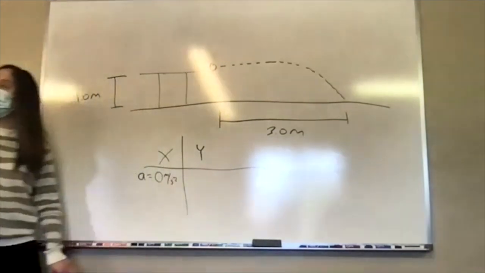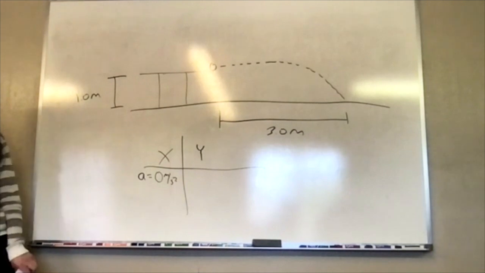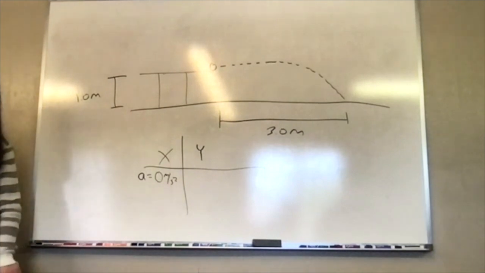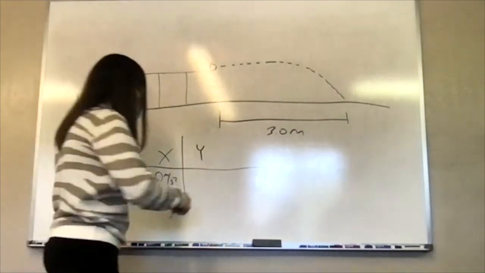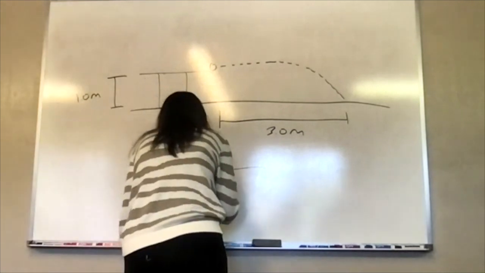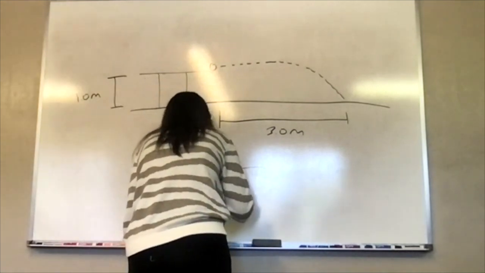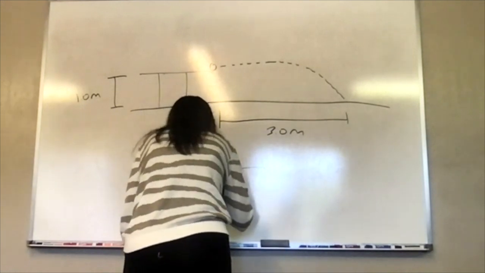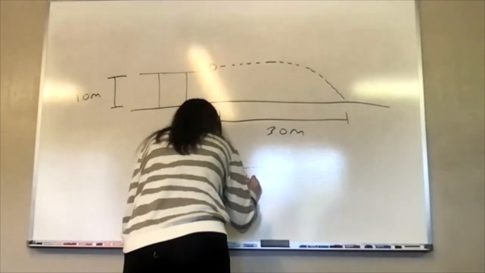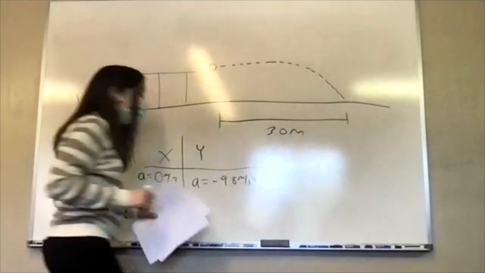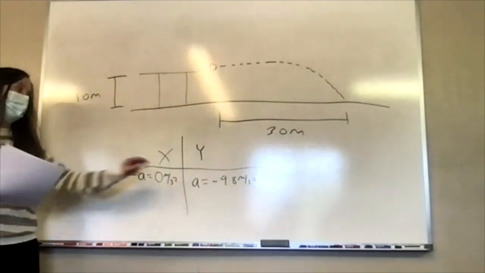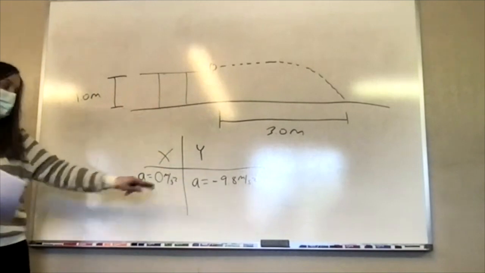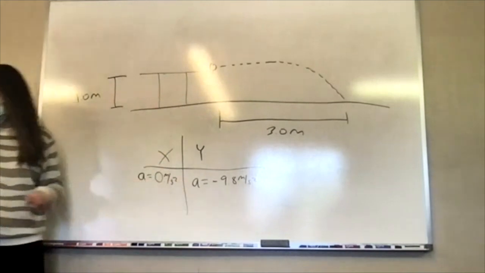That's always true. Anytime it's in the air, acceleration horizontally is always 0. Then for the y dimension, it's always 9.8. Actually, we should say negative 9.8. It always goes downward. So this is always true, no matter what the situation is. If it's in the air, this is always true.